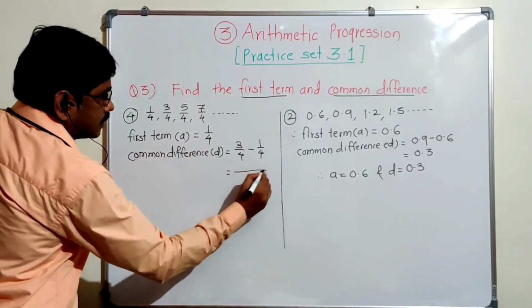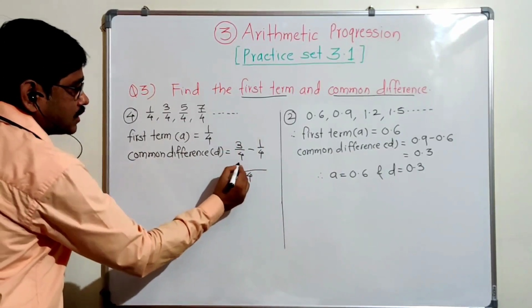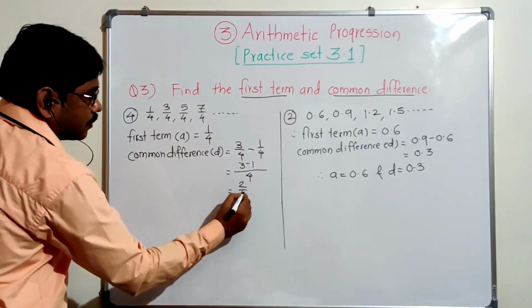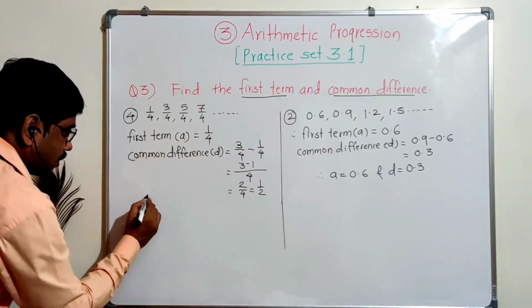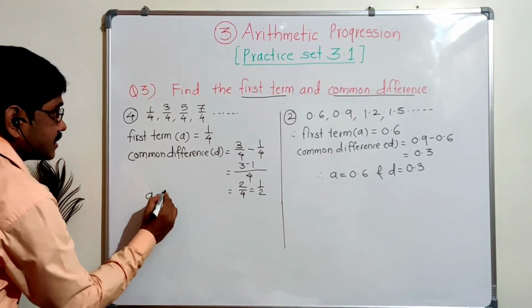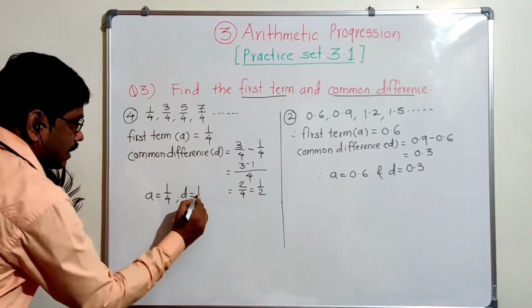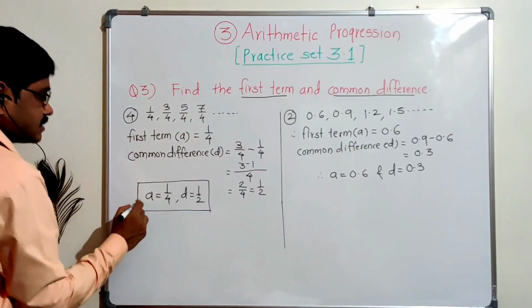So here the common denominator is 4, then subtract the numerators, 3 minus 1 is equal to 2 by 4. So common difference D is 1 upon 2. So here A is equal to 1 upon 4 and D is equal to 1 upon 2. So in this way we can write our answers.